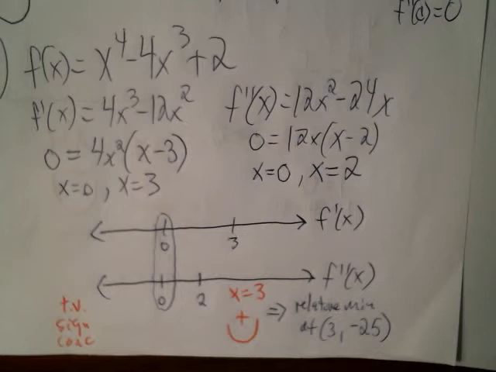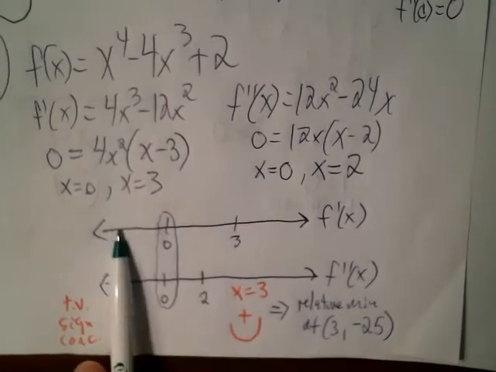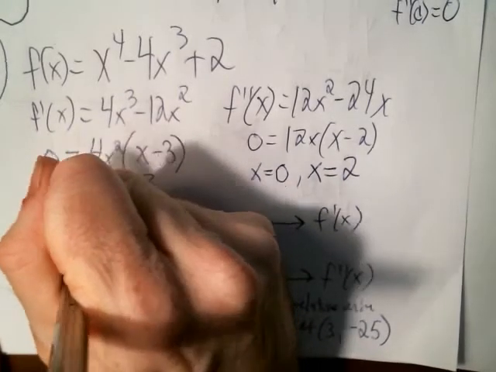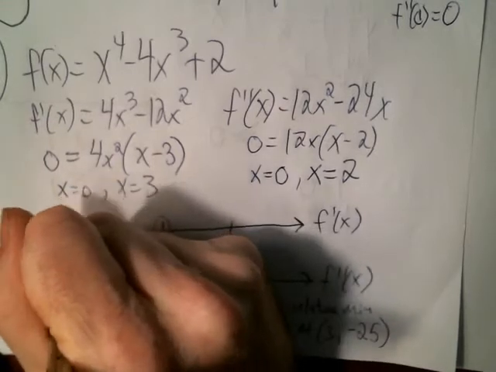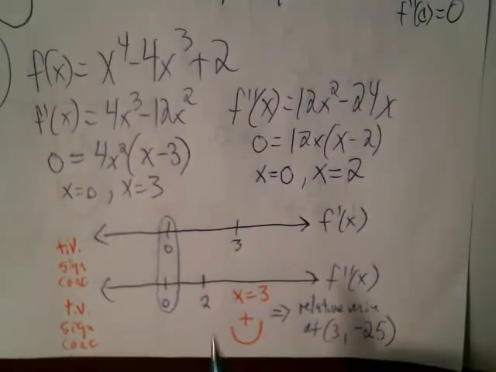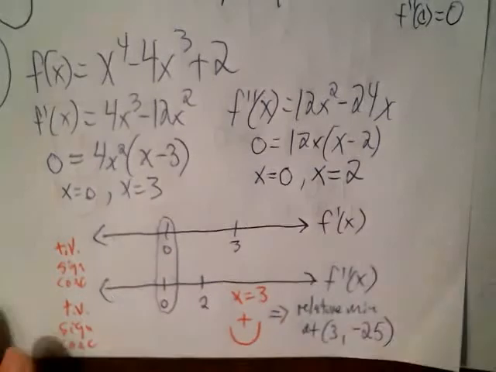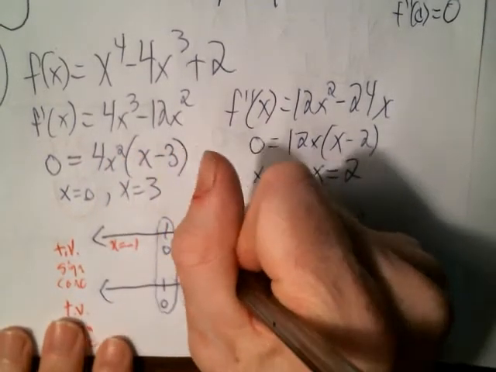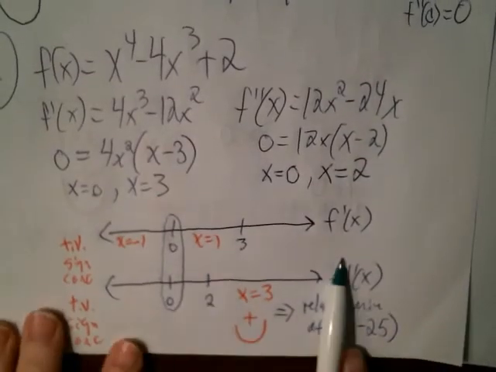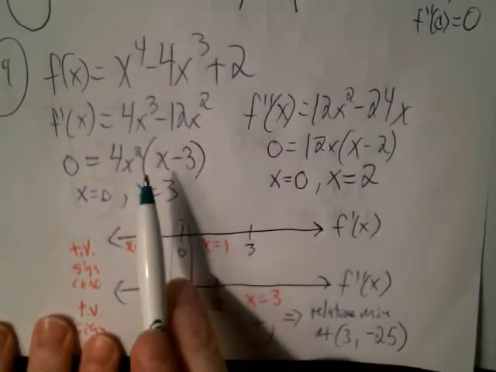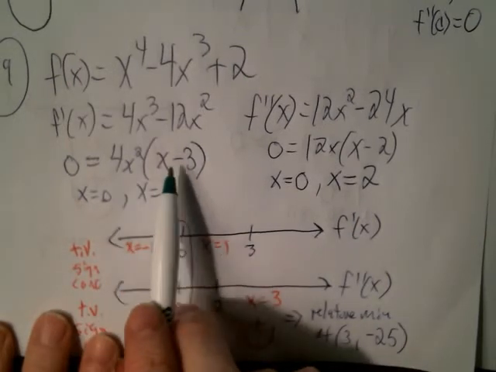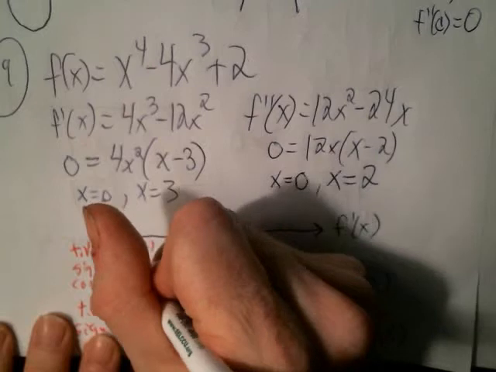To figure out if 0 is a max or a min, you would have to go back to the first derivative and do your test, sign, conclusion. Let's say x is -1 and then x is 1. I'm plugging these into my first derivative. For -1, -1 squared is positive, -1 is negative, positive times negative is negative.